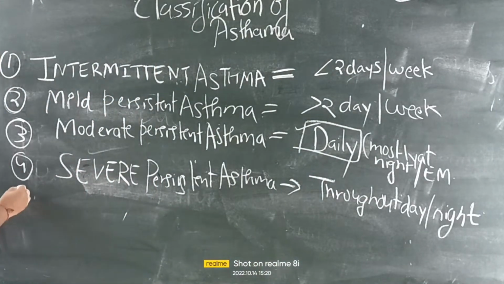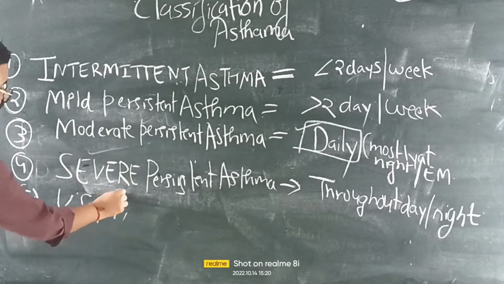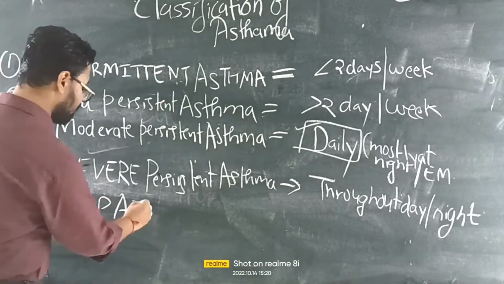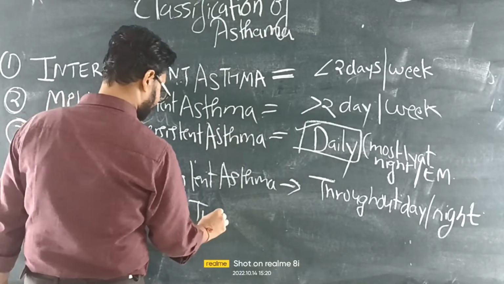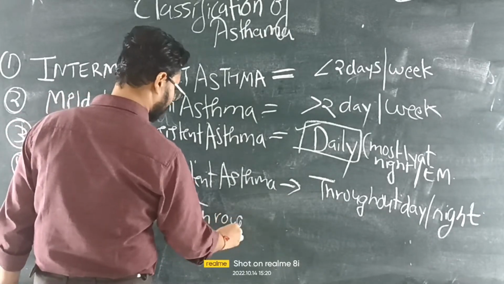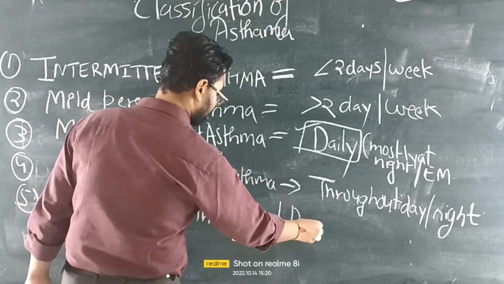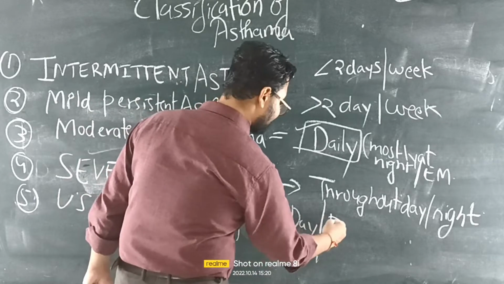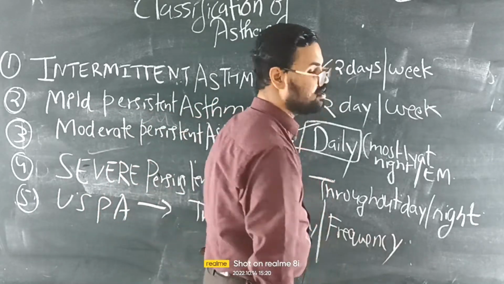And last but not the least, very severe persistent asthma. It means throughout day and night, the frequency will increase. What do you mean by frequency?